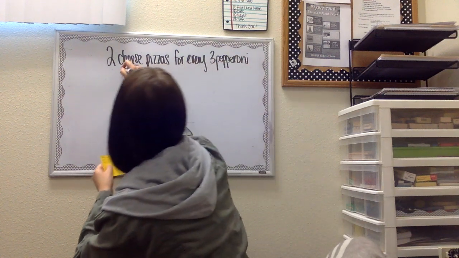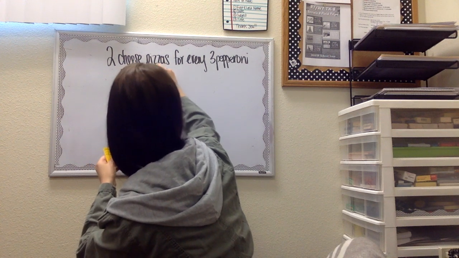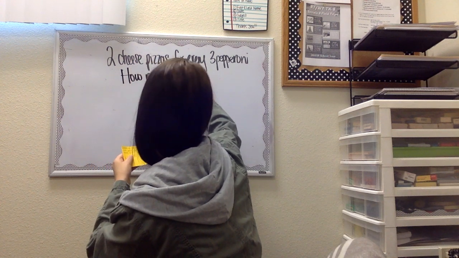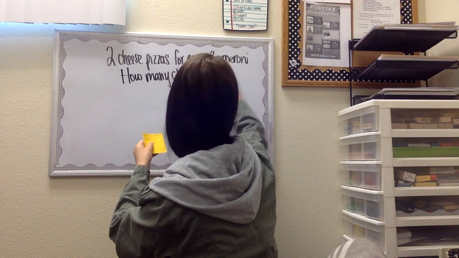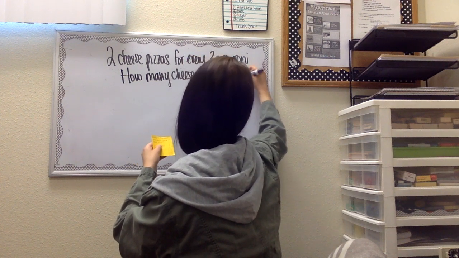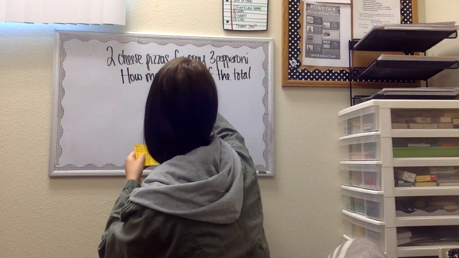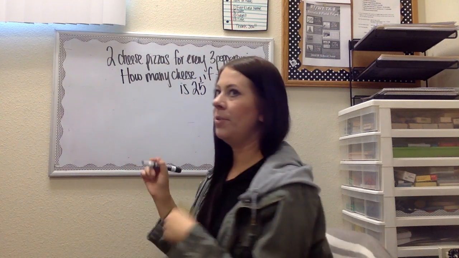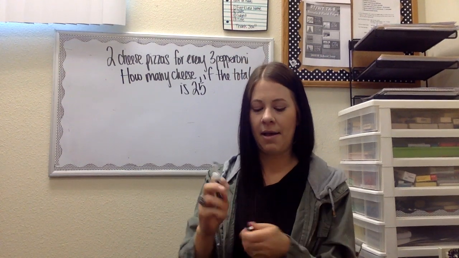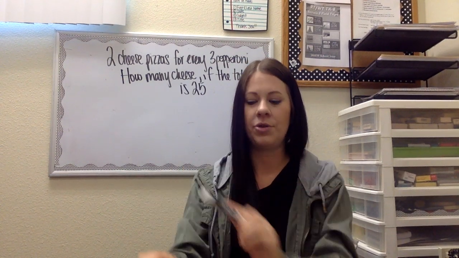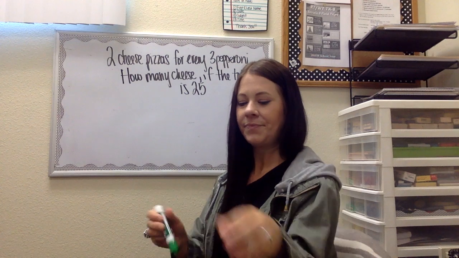Don't forget that. I'm giving you a big hint on that one. So how many cheese pizzas, so you're comparing cheese to total, if the total is 25. Okay, so remember, you're comparing cheese to total. All right, pause, and then I will turn me back on, and I will show you how to do this.